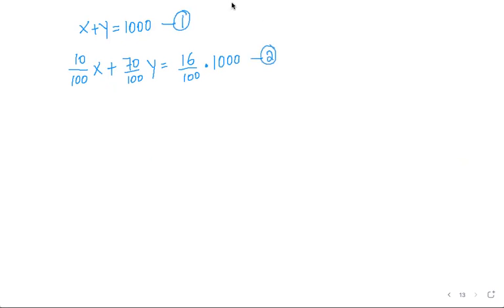For the second equation, I can simplify it more. The 100 cancels with this, and they give me 10 only. Here the 10 with the 10, 0 with 0, they cancel. So now this is equal to 1 over 10 X plus 7 over 10 Y equals 16 times 10, which is 160.